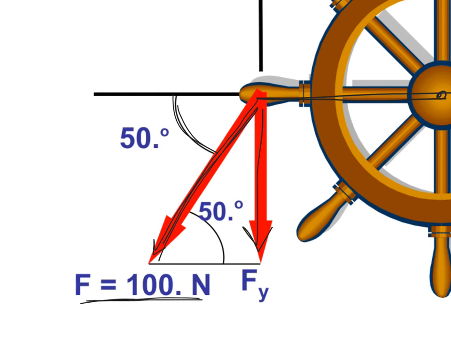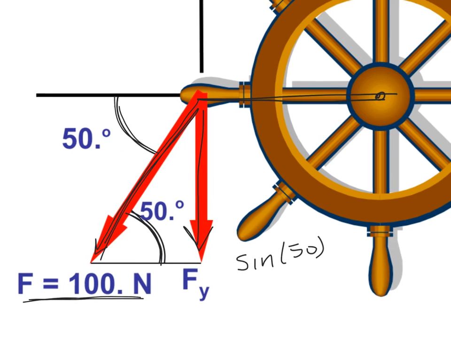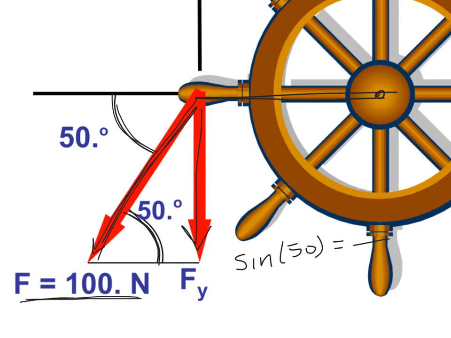So in order to solve for that, just like we have been doing, we're going to use our sine. So we've got the sine of the angle, so in this case the sine of 50 degrees, because that happens to be this right here, equals my opposite, the F of y, so I'm just going to call it y, it's hard to see, sorry, y over my hypotenuse.